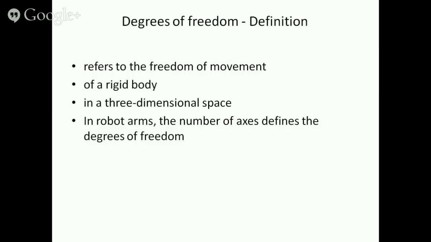In robot arms, the number of axes defines the degrees of freedom. There are two types of movement of a robot arm: linear or translatory movements, short T movements, and rotatory movements, short R movements.